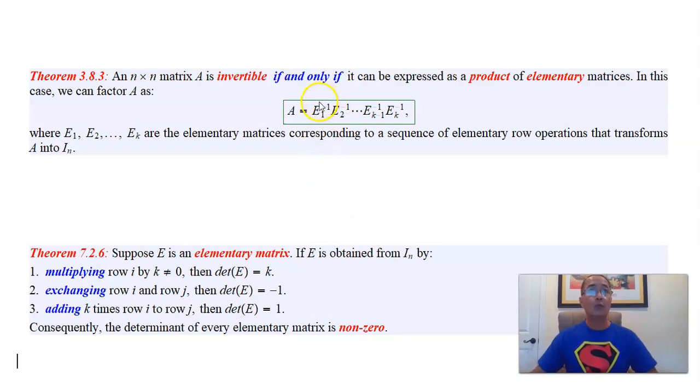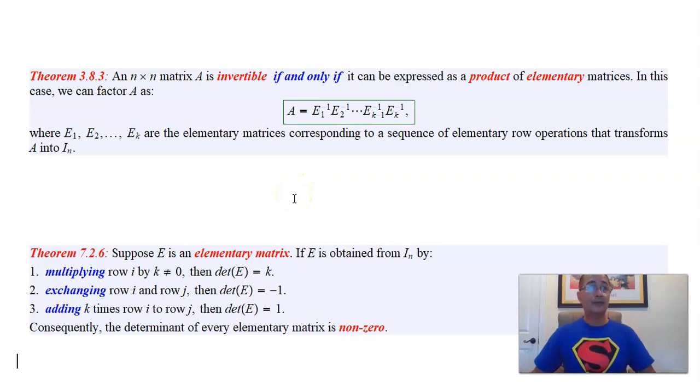Basically, we reverse each step that we do and express it in terms of the corresponding elementary matrices. Then the product in that order should give us back the original matrix A.